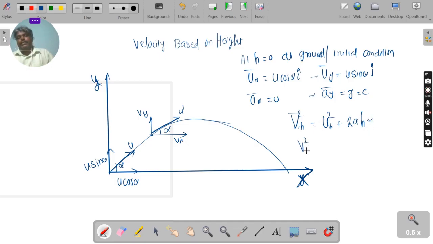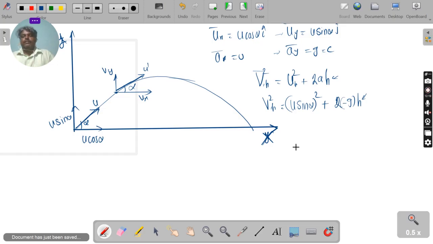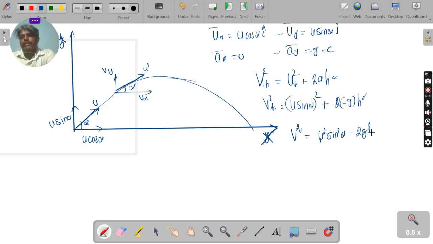The final velocity at any height, initial velocity at the ground is u sin theta, the whole square, plus 2a, the acceleration minus g, at any height h. So we find out v squared is equal to u squared sin square theta minus 2gh.